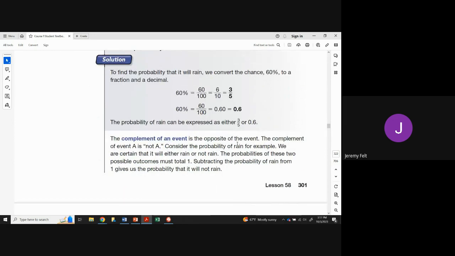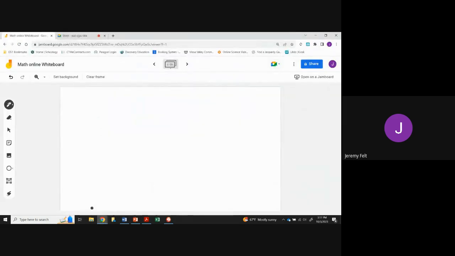The complement of an event is the opposite of it. So if we're looking at rain, it's either going to rain or it's not going to rain. Not raining would be the complement of the event, and they always add up to 1. If we flip a coin, we get heads or tails.